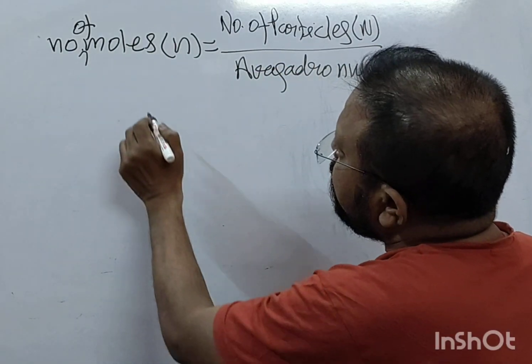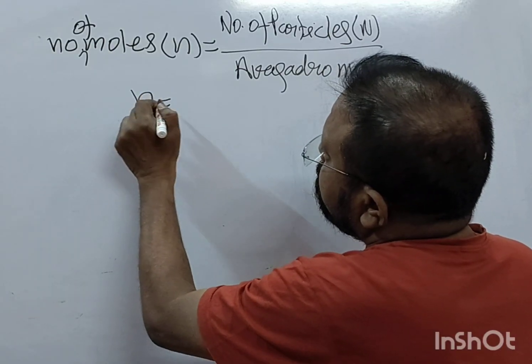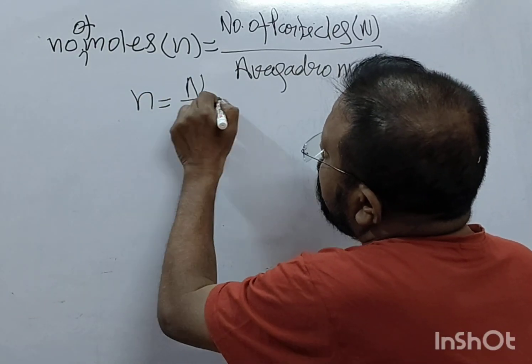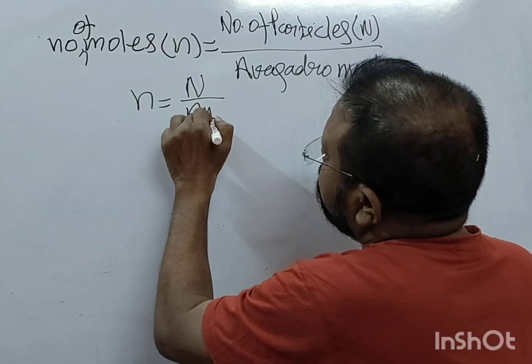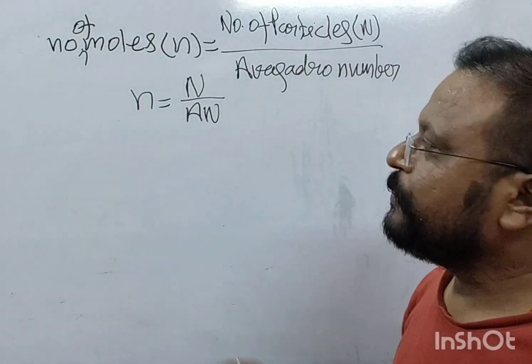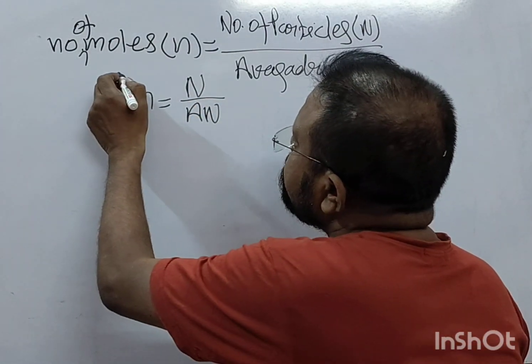So this is n is equal to number of particles upon Avogadro number. This is one formula.